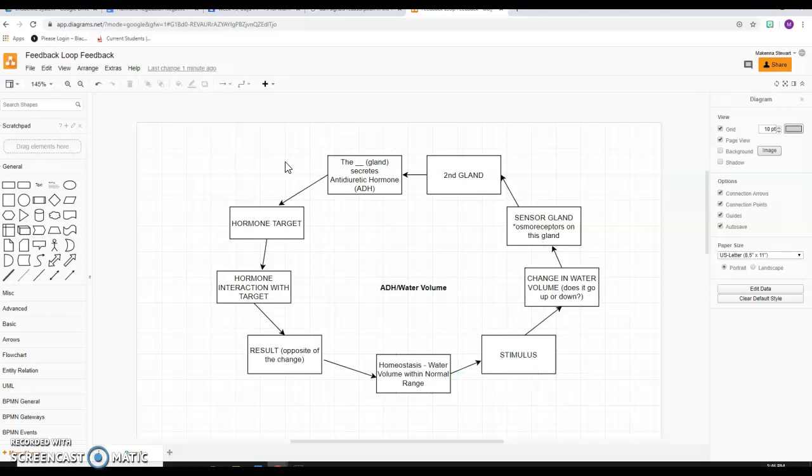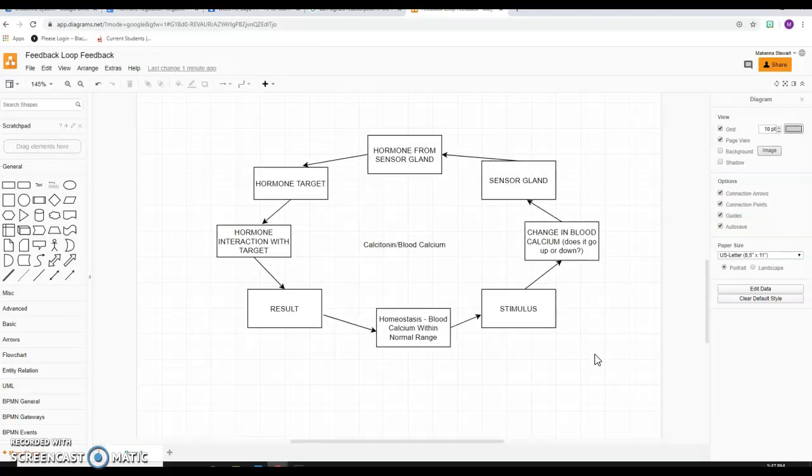If you notice in your feedback loop that you only have one gland, and you say, okay, the gland secretes ADH and that's where it ends, then you do not have all of the necessary components. You need at least this many parts to your feedback loop.